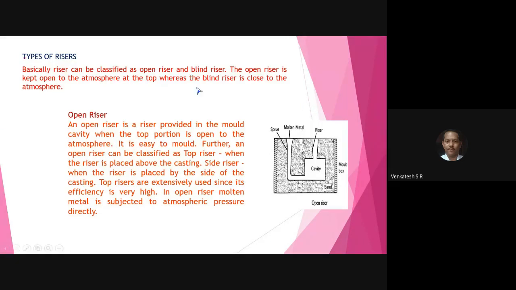Usually, the volume contraction present in liquid metals ranges from 2 to 7% of the volume. Remember, 2 to 7% of its volume. So in order to compensate the volume contraction, the riser is present on the mold cavity.